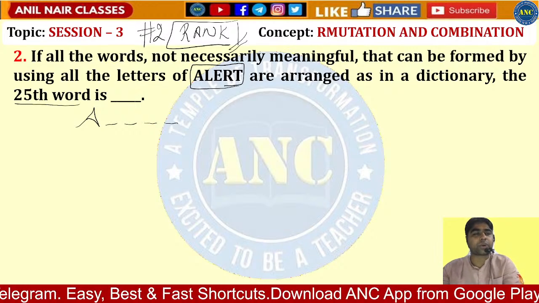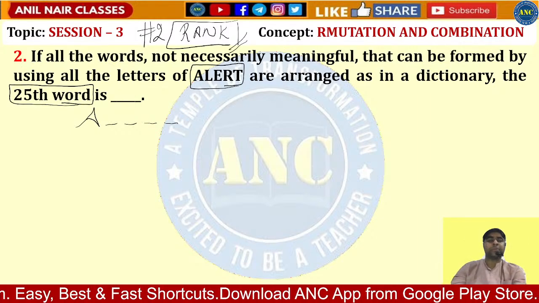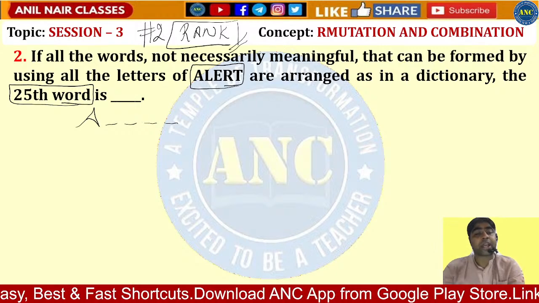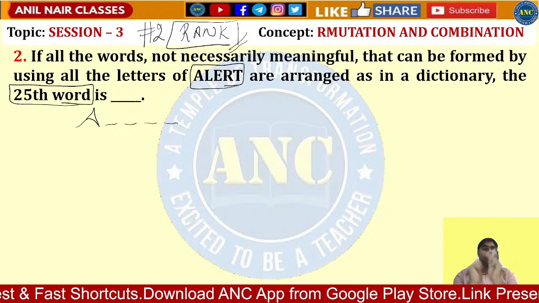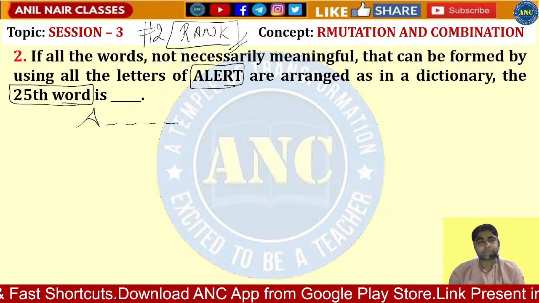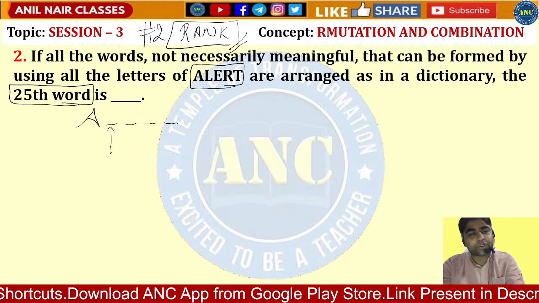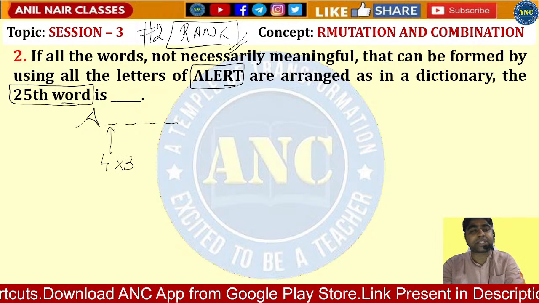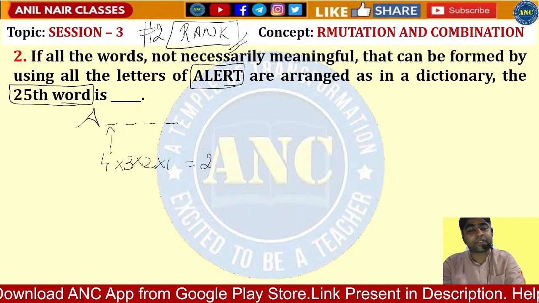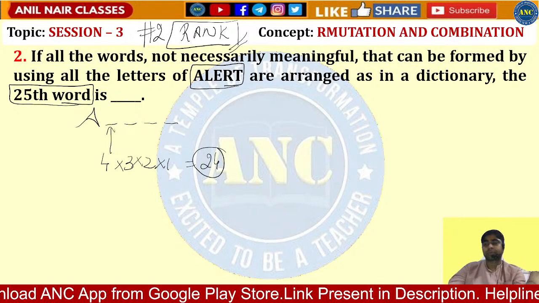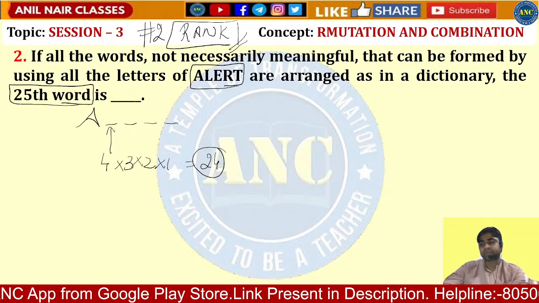But if I have to go up till the 25th word, what do I actually have to do? I have to say how many words will be starting with an A? In the next place I have 4 options, in the next place 3 options, in the next place 2 options, in the last place 1 option. So I have 24 words.